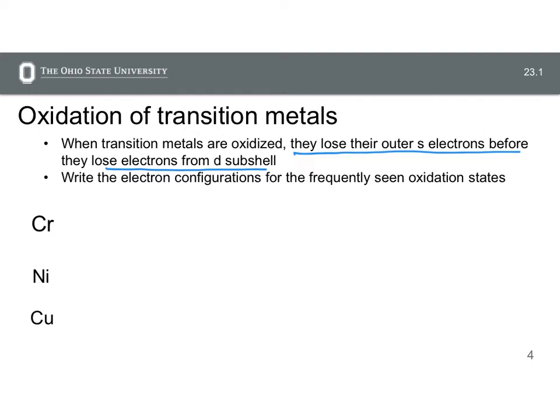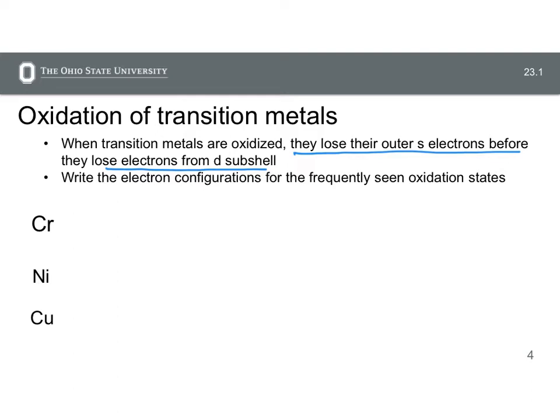And so we can write out electron configurations for what we normally would see in terms of the ions present. Be able to write the electron configuration to know how many electrons are going to be in the d orbitals.